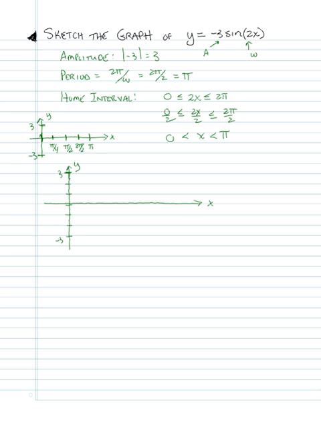And I'm just jumping out here and say, okay, here's pi. And as I'm scaling this, I'm going to make this pi over 2. And so halfway here would be pi over 4, and halfway here would be 3 pi over 2. Now those are important x values.